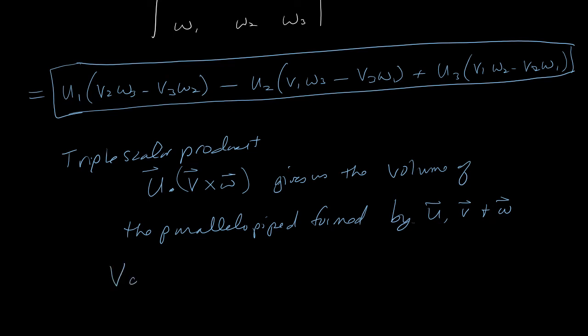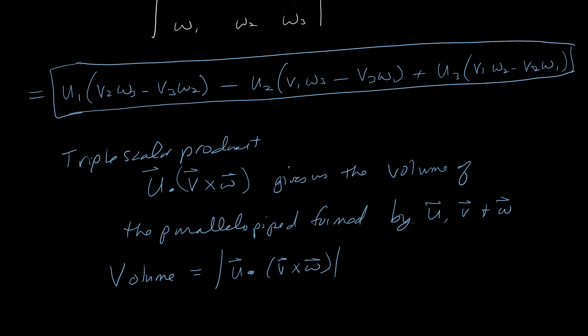And that volume is just equal to the absolute value, because the scalar product could be positive or negative, right? But if we take the absolute value of that, we're going to have the actual volume. Okay, so there it is.